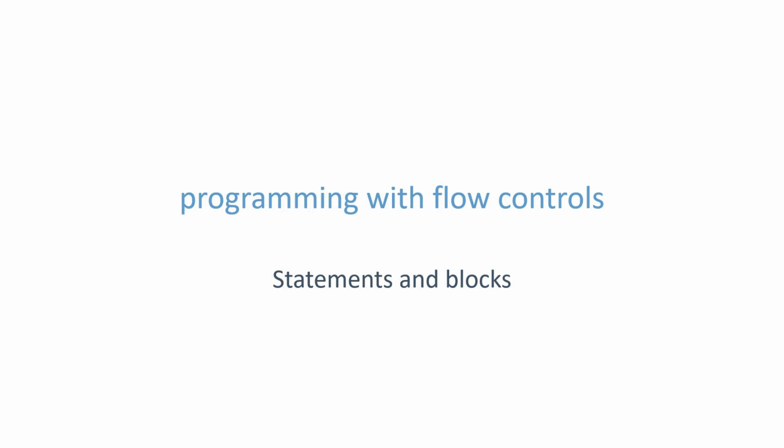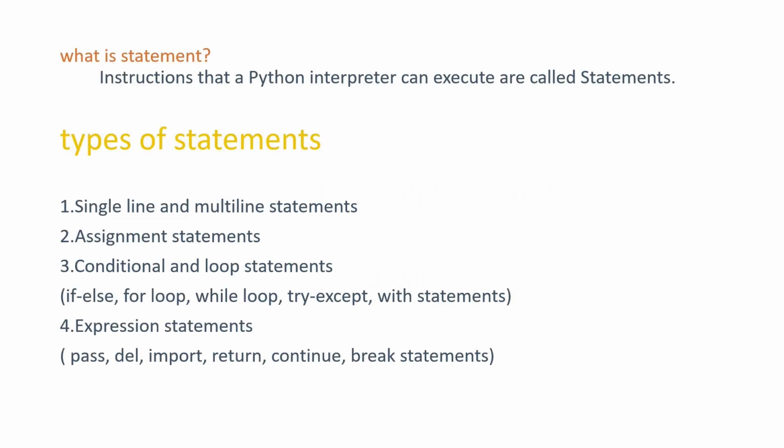Hi guys, in this session I'm going to explain statements and blocks. What is a statement? Instructions that a Python interpreter can execute are called statements. There are many types of statements: single line and multi-line.